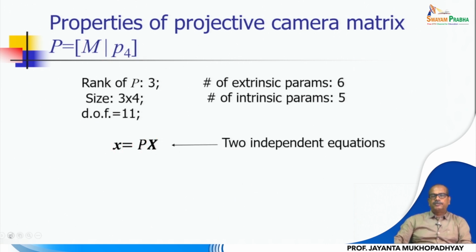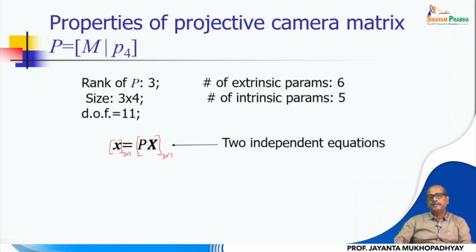Now, if I observe the linear relationship between the image point and the scene point, we can find that from this relationship you will get 3 equations, because this vector is a 3 cross 1 column vector, and this side also finally gives a 3 cross 1 column vector. So, each row of those column vectors correspondingly expresses an equality condition, which will give us the equations.